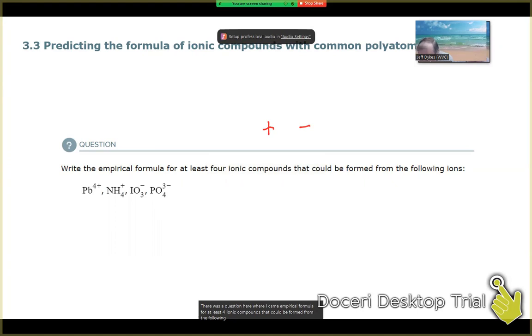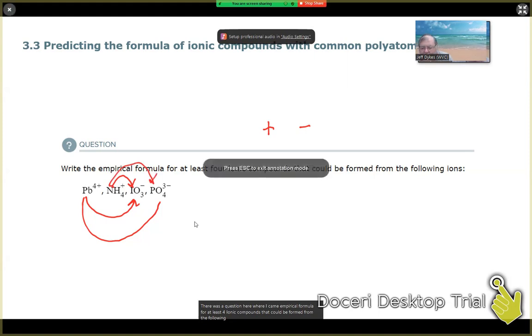So basically we'll do Pb, which is lead, with the iodate and then the phosphate, and then we'll do the ammonium with the iodate and the phosphate.